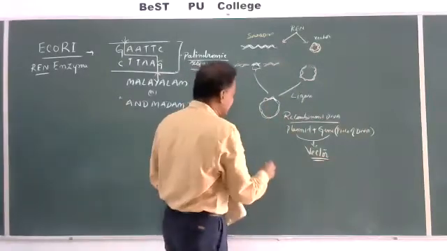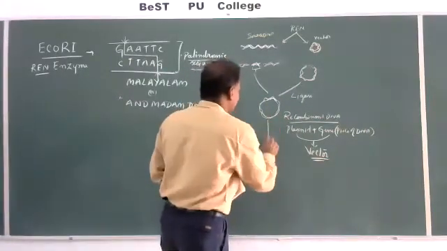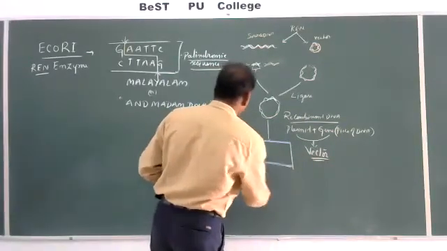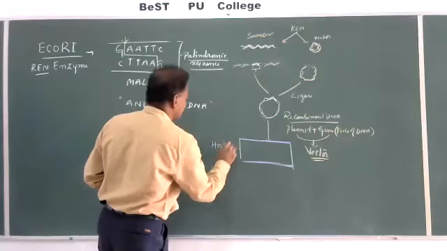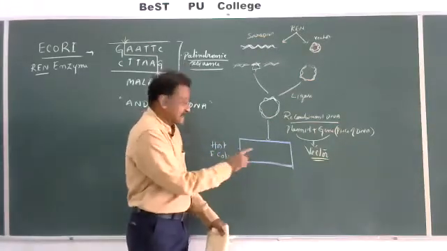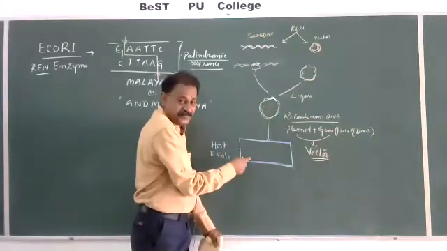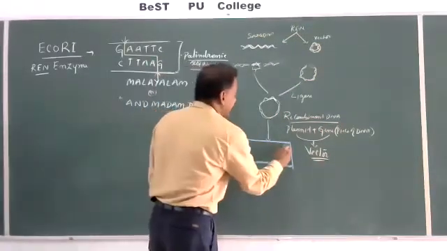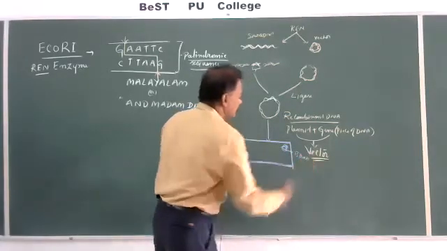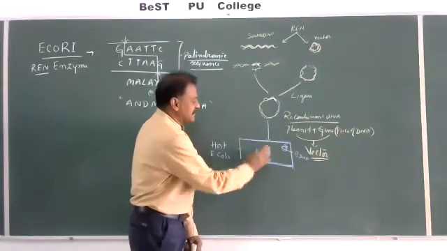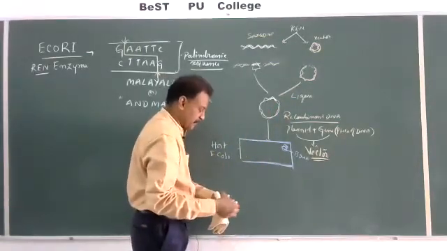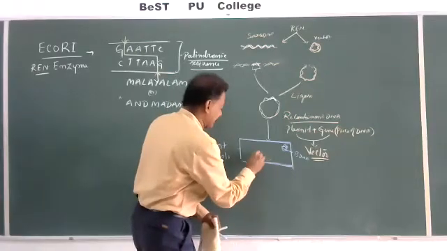Where is it carrying this gene? We have to keep this in a host organism. The host is nothing but Escherichia coli. Before, Escherichia coli does not have a plasmid like this. It has its own DNA, bacterial DNA. When we inject this into its body, it will occupy a place here like this.